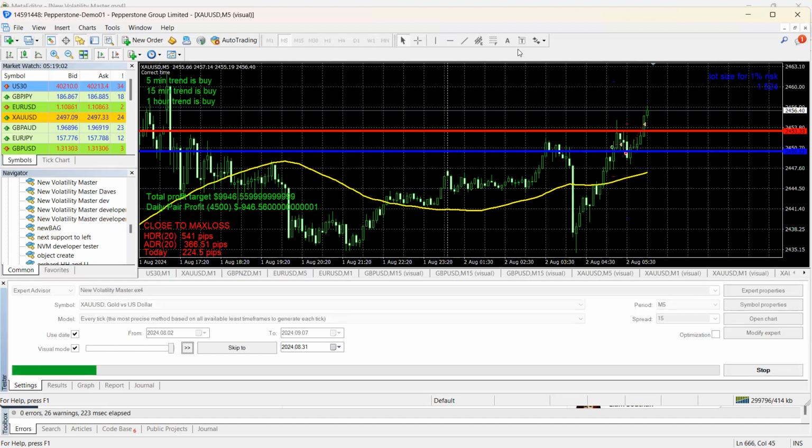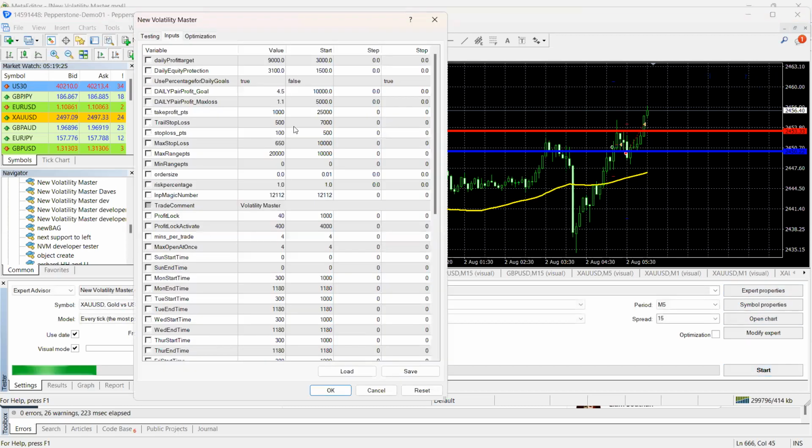All righty. Next thing on the agenda. So I have two new settings that you may or may not want to take advantage of. And this is the max range in points and the minimum range in points. So this is detailing the top and bottom of the initial trade range.